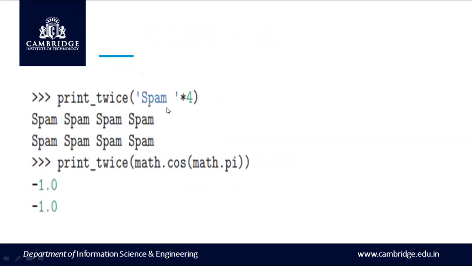Also, we use the repetition operator, the star operator. Spam will be repeated 4 times, so when this argument is passed to print_twice, it repeats spam 4 times in a single line, and this line will be printed twice. You can also see some of the math functions being passed as arguments to print_twice.